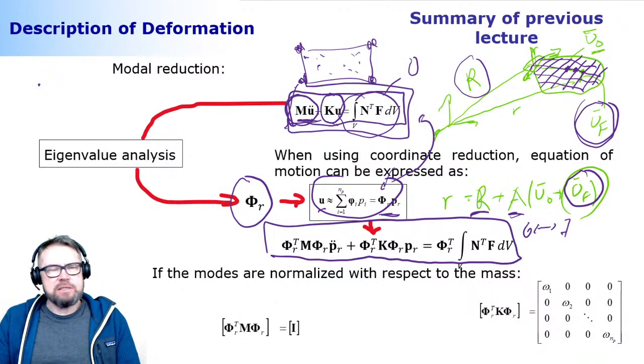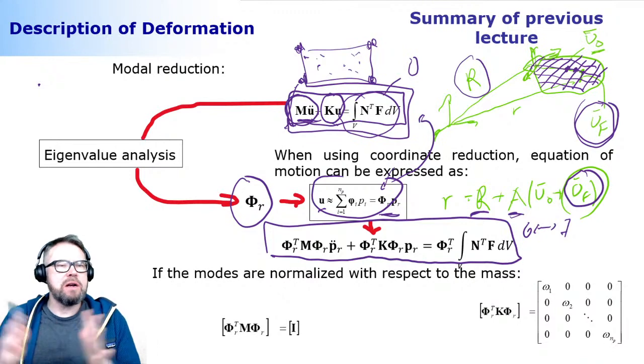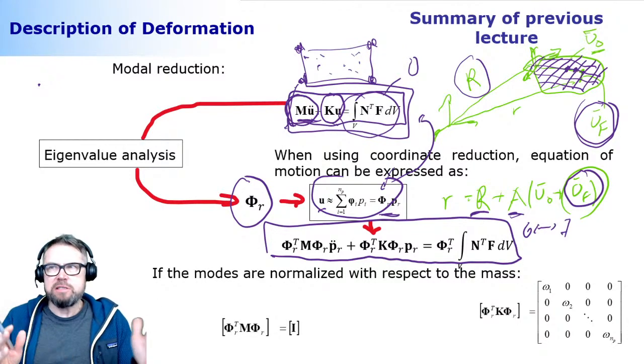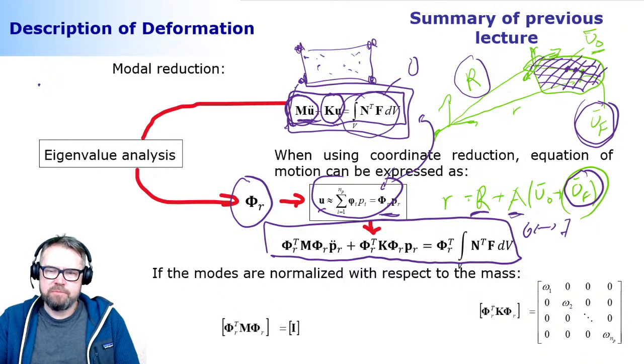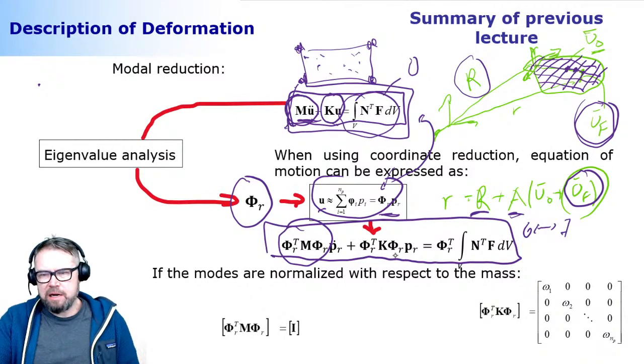And this is very pleasant now, because if these deformation modes are orthogonal, meaning that they have no relation between each other, which is the case when you're conducting the eigenvalue analysis, then you can reduce the size of the problem significantly, but you can also get it in a mathematically more pleasant form. That comes from the fact that this one here is a diagonal matrix.